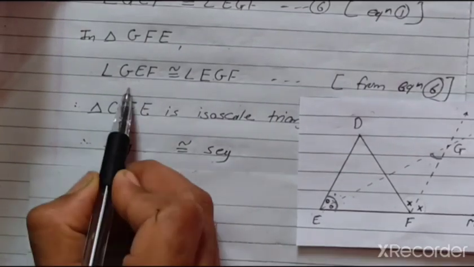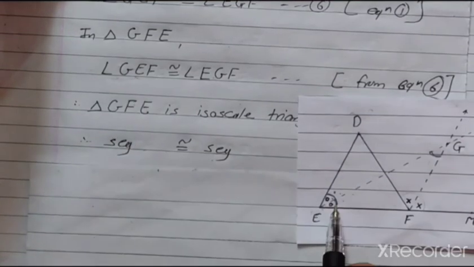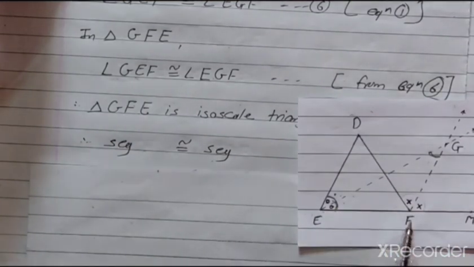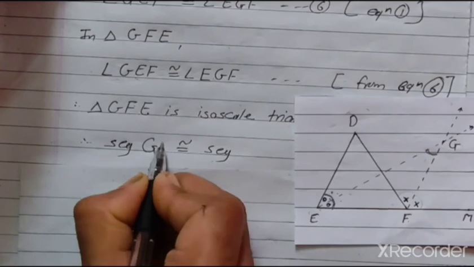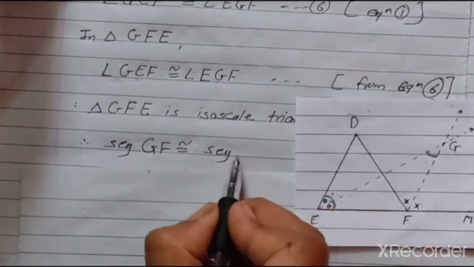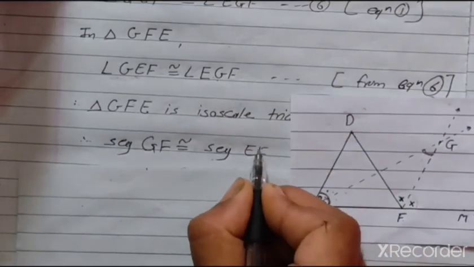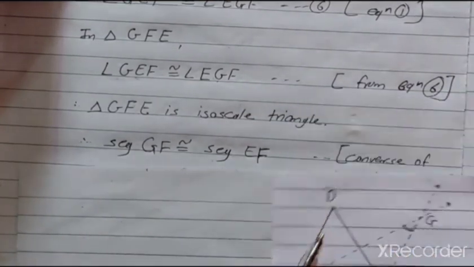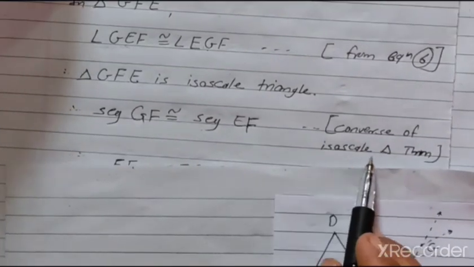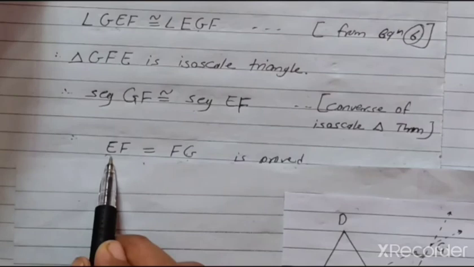So let us find the opposite segment of this angle E. Its opposite segment is FG and opposite to G is EF, by using the converse of the isosceles triangle theorem. Therefore, these two segments are congruent. This is our statement number 2.